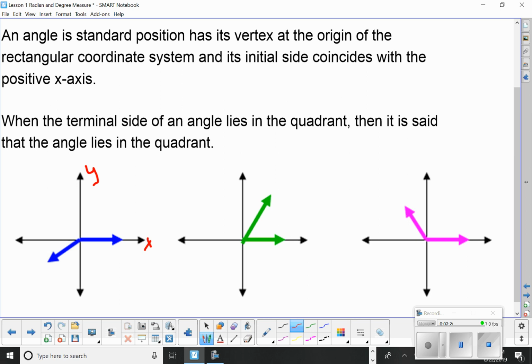Okay, now this one over here. When the terminal side of an angle lies in a quadrant, then it is said that the angle lies in that quadrant. So because this terminal side is over here, this is quadrant 3. This green one, it doesn't matter if it's a positive or a negative angle, the terminal side is still in quadrant 1.